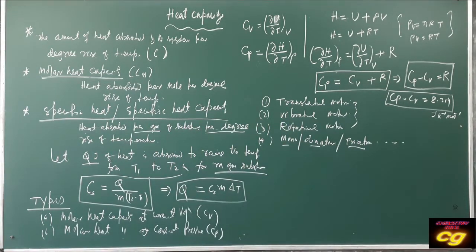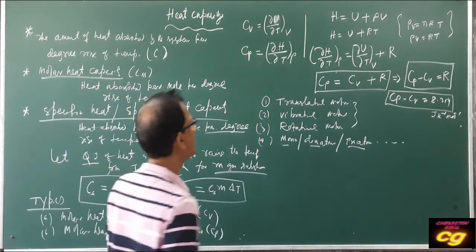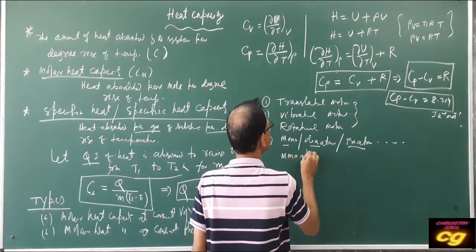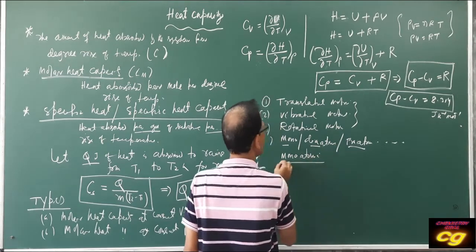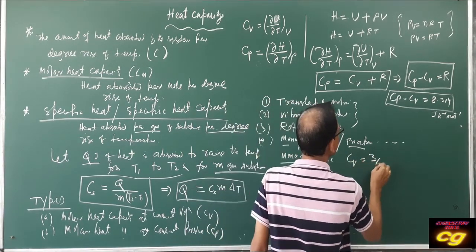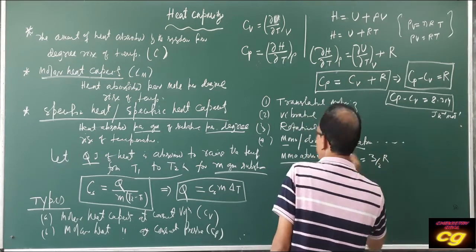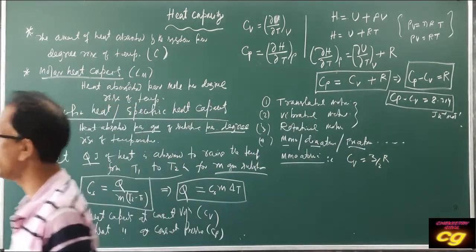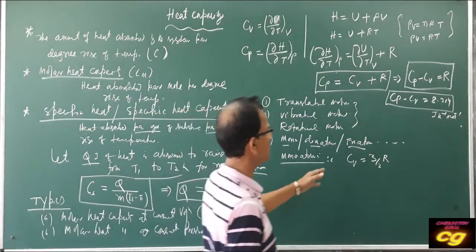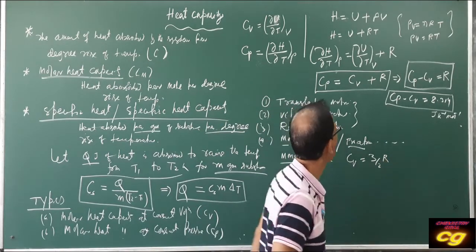But it has been observed that for monoatomic gas, Cv is equal to 3 by 2 RT. Okay, Cv is equal to 3 by 2 RT.